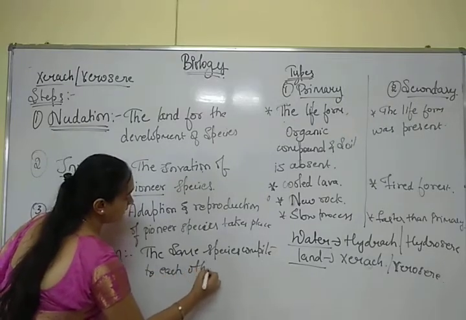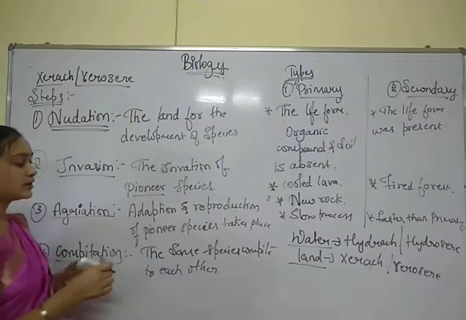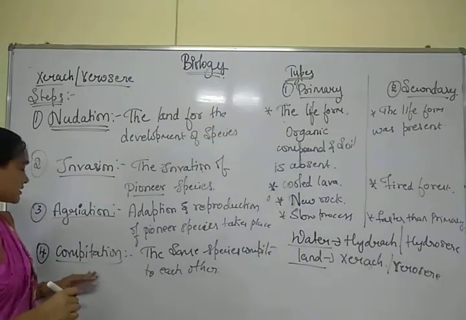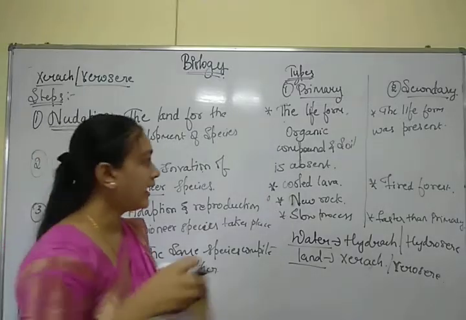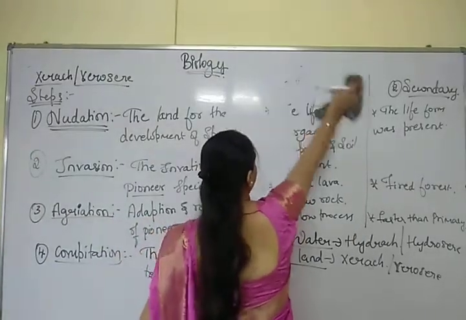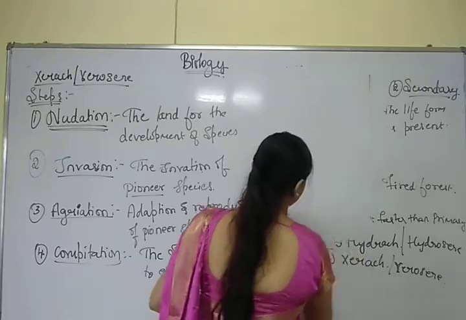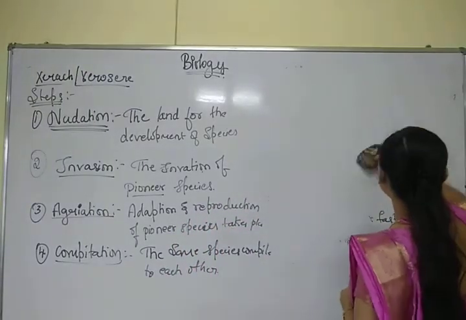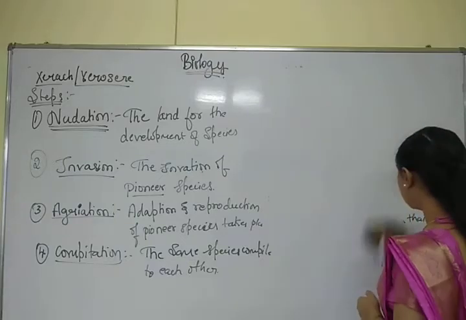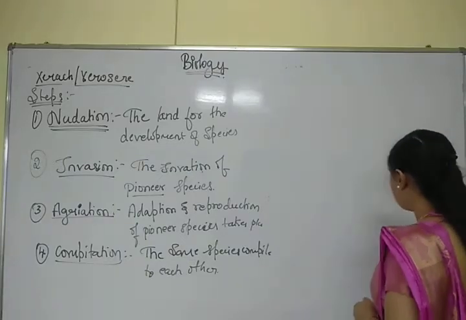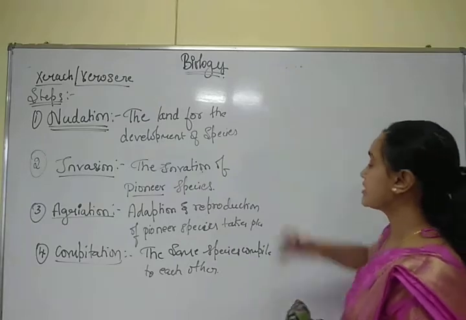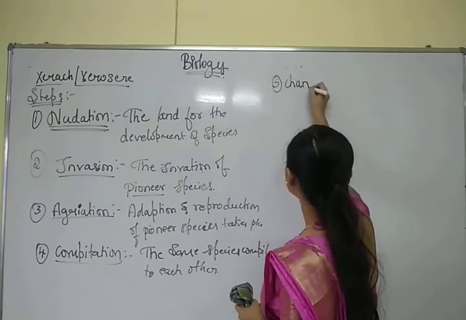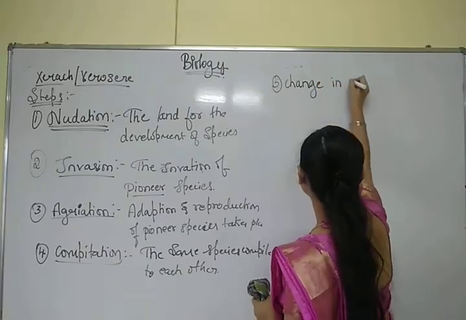Because they are competing with each other, some species will get extinct. Okay, the fourth step is competition, and followed by the competition, the fifth step is the change in the ecosystem.